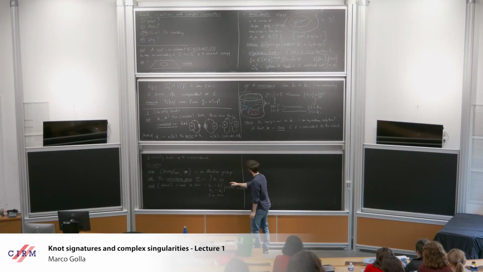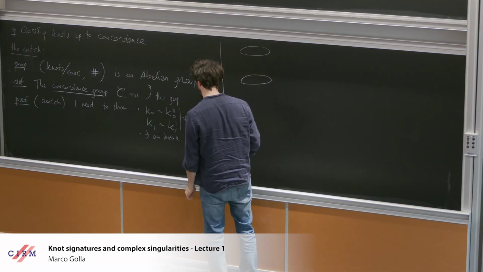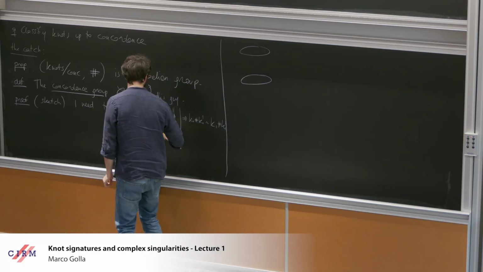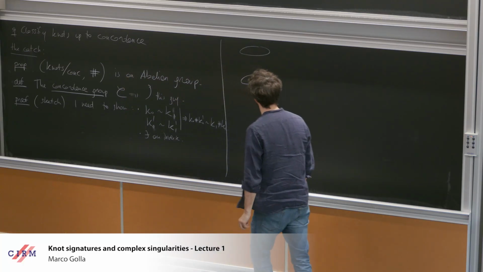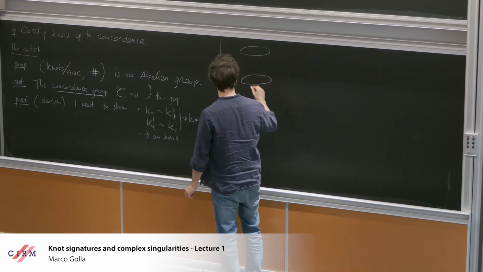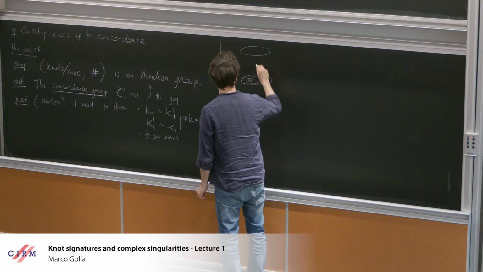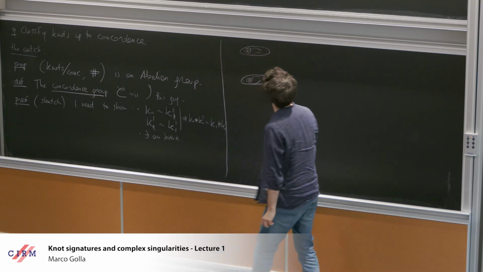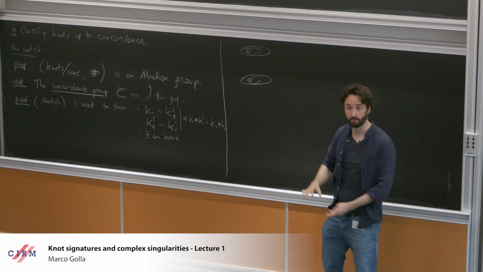But if I have a concordance, did I screw up my notation? I want this K1 and this K0 prime. So if I have a concordance from K0 to K1, remember that if I want to do the connected sum, I need to find a small disk in which my knots are standard.